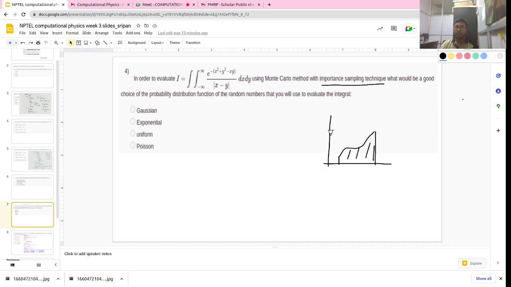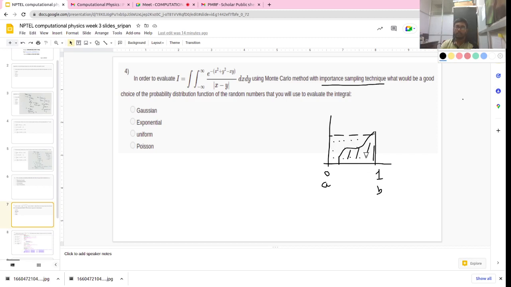So what we can do, in the brute way, is take a rectangle kind of shape and generate random numbers within it, let's say 0 to 1, or any arbitrary range, say a to b, generated uniformly.